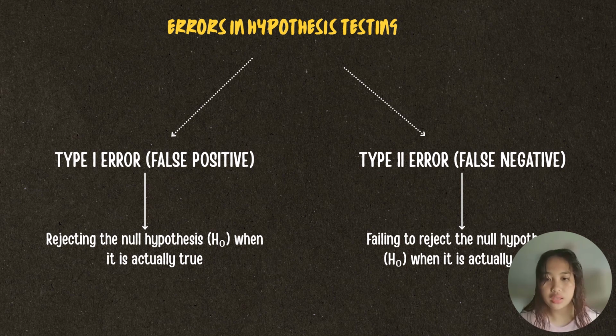Since a type 2 error means failing to reject the null hypothesis, the type 2 error in the example I provided will be that the investigation concludes there is no corruption in the projects even though the corruption actually exists. In the flood control projects, missing the actual corruption allows misuse of funds to continue, which could result in poorly executed projects and greater risk to communities. It highlights why adequate investigation, sample size, and proper evidence collection are crucial to reduce false negatives.